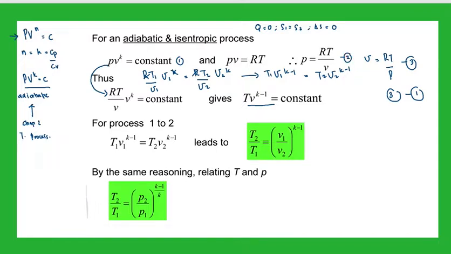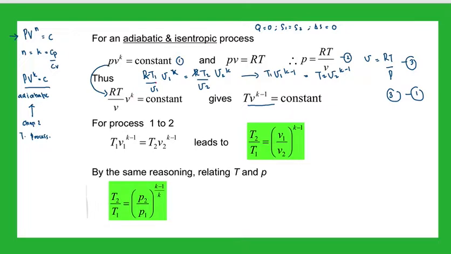If I combine equation 2 into equation 1, I replace P with RT over specific volume and multiply with specific volume to the power of K.